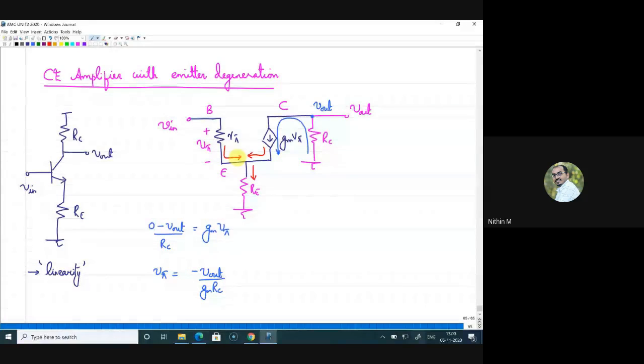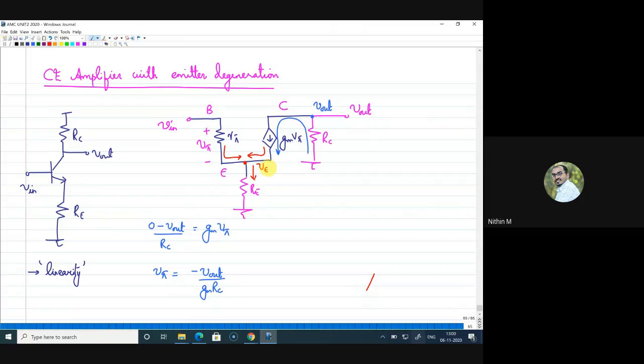Now, if I write the total drop across this emitter resistor, let me write the emitter voltage VE as: the total current is one, V pi by R pi, and the other current is gm into V pi, both multiplied by RE. This is actually the voltage at emitter, right?